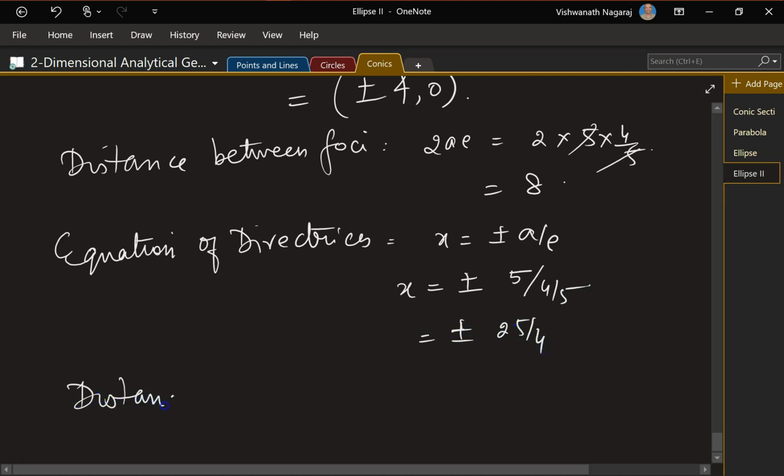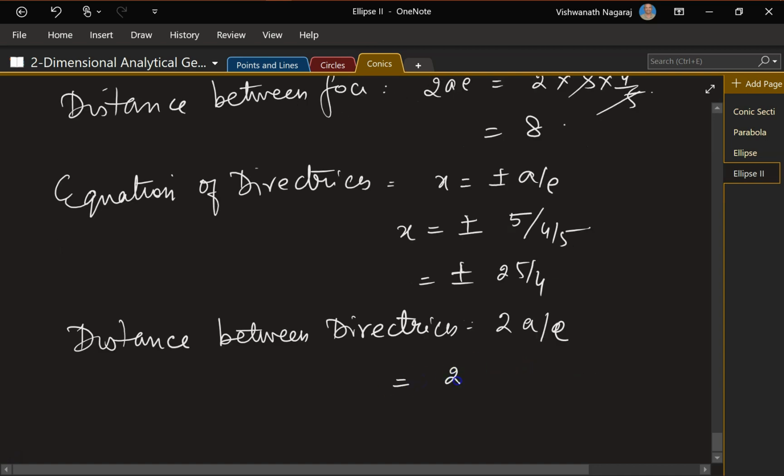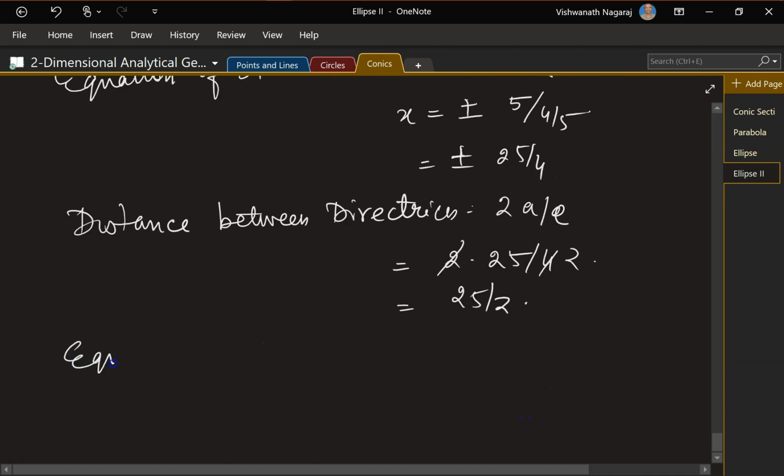Distance between directrices will be 2 times this. So 2a by e. So which is 2 times a by e is 25 by 4. So 2, 2. So it will become 25 by 2.